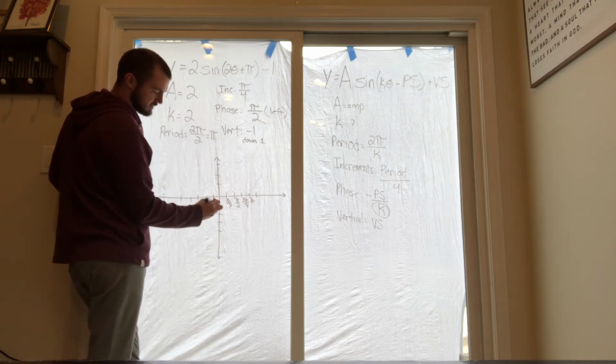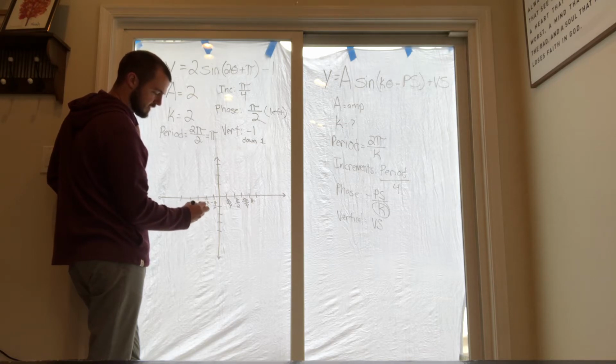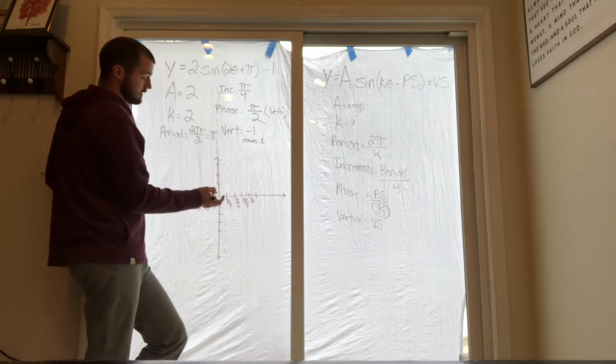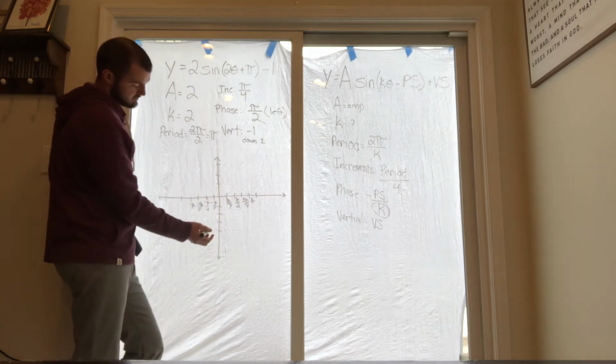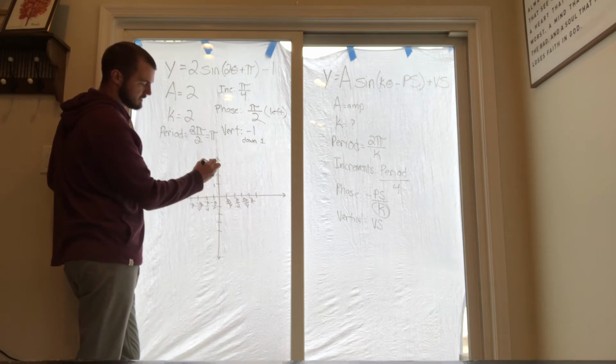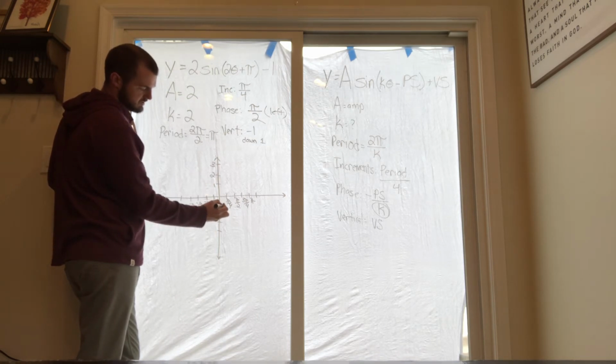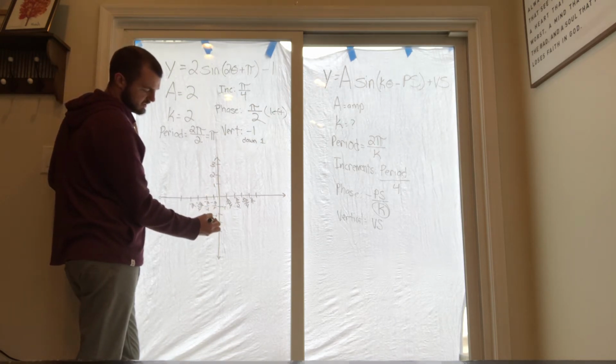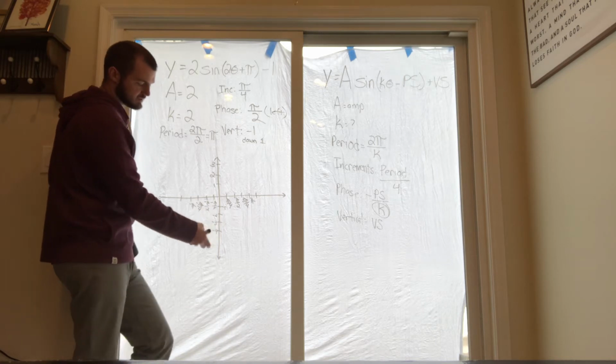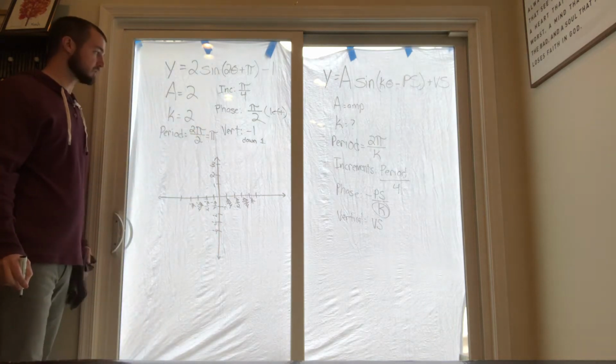And then the negatives, use the same ones, just make them negative. I'll just go by ones on the y-axis. Don't forget, you can label the y-axis however you want. You want to skip a couple, go for it.